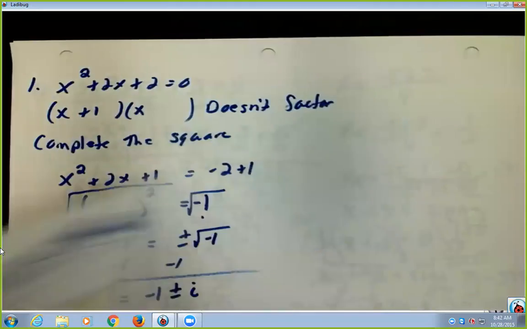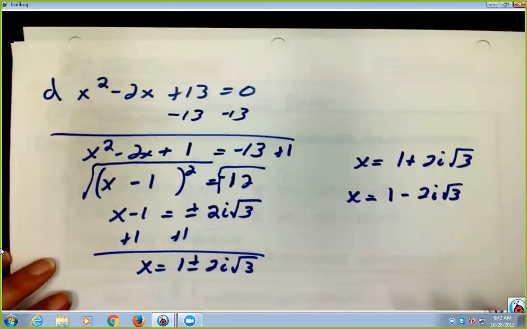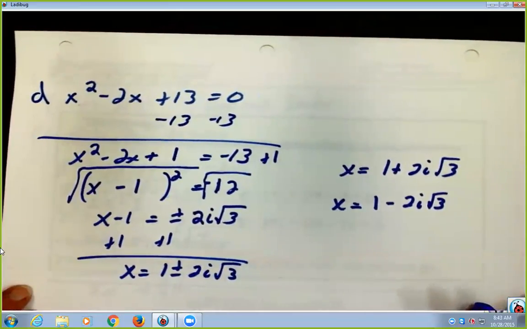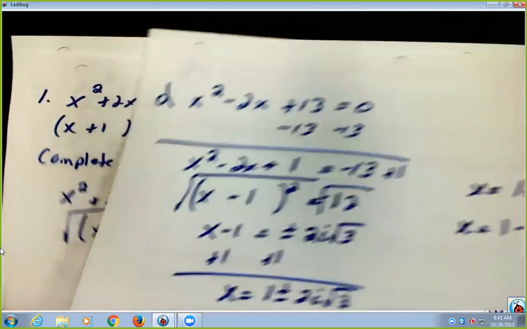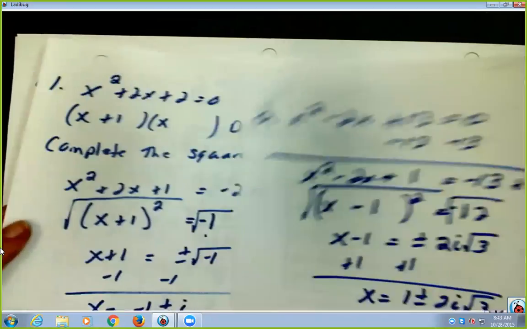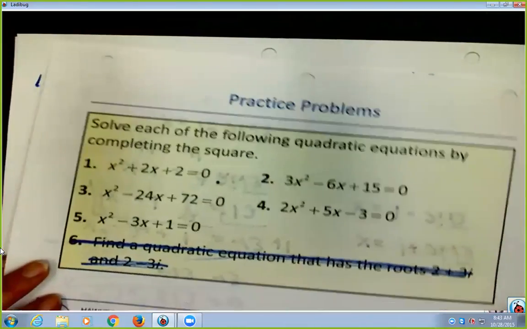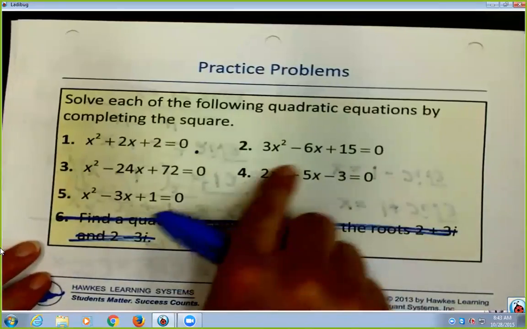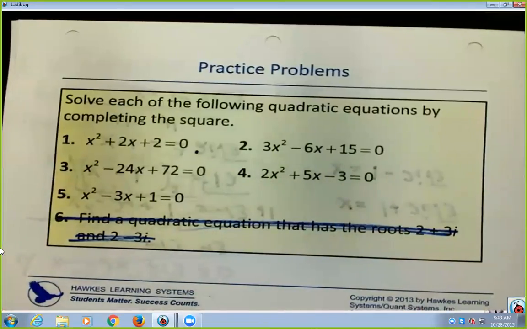All right. We need to do another one. Maybe one more with a fraction in it, if we can do one of those. So let's look at the examples in here. Let's take example 4 and work that one out so we can see what takes place with it.